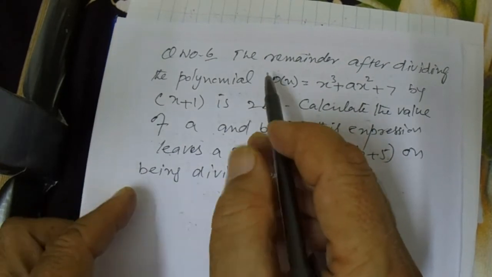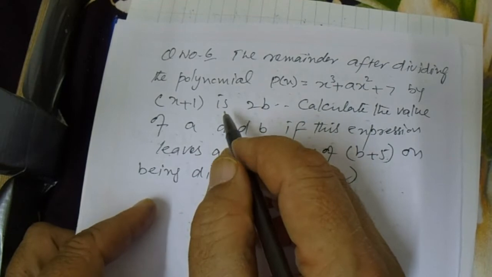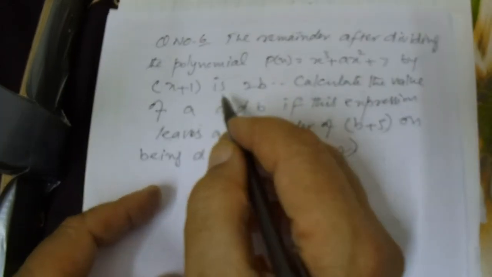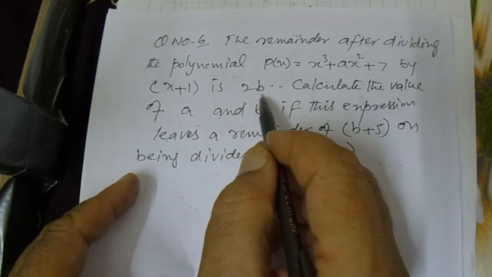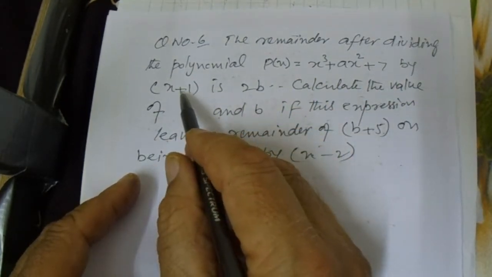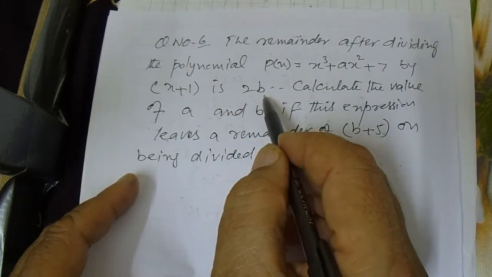Bismillah ar-Rahman ar-Rahim. This is question number 6 of exercise 5.3. The remainder after dividing a polynomial P(x) by x + 1 is 2b. When we divide P(x) by x + 1, the remainder is this.